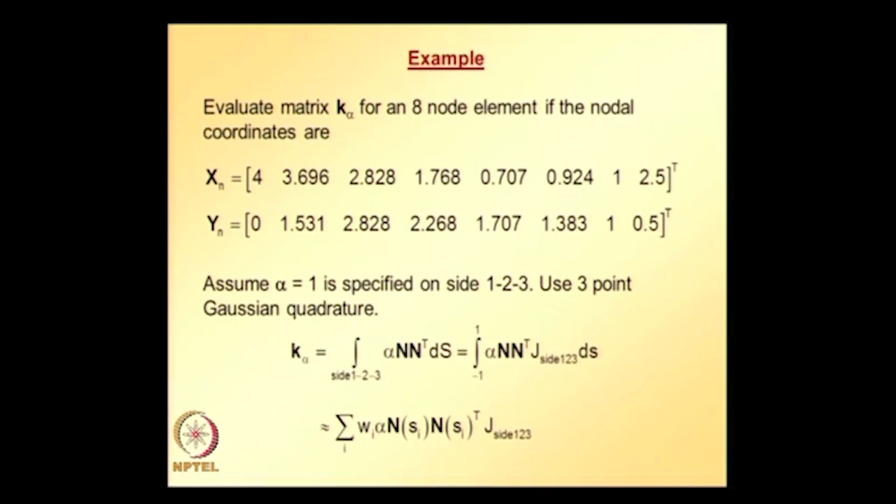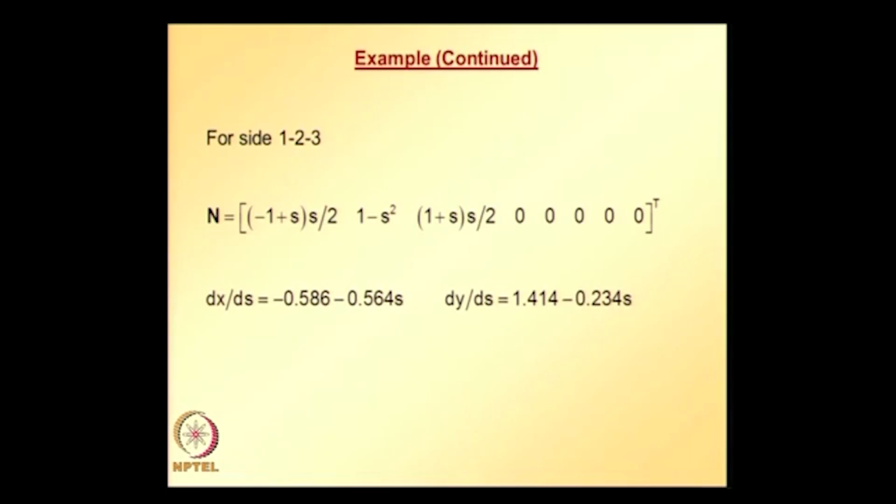For that we require the shape function vector along side 1, 2, 3, which is given by this, and also the derivative of x with respect to s and derivative of y with respect to s are given by this. From there we can find the Jacobian.